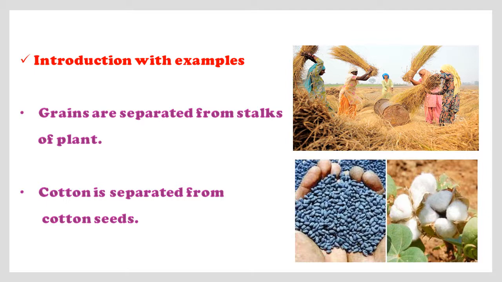We have studied about cotton ginning. Right, children? Children, what is cotton ginning? The process of removing cotton seeds from cotton bolls is called ginning. See here, they are given some examples. Cotton is separated from cotton seeds.